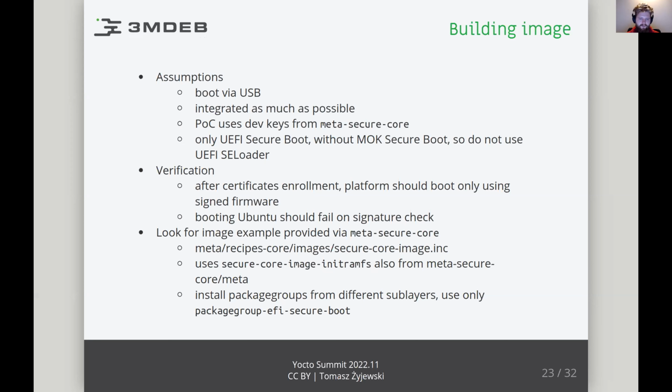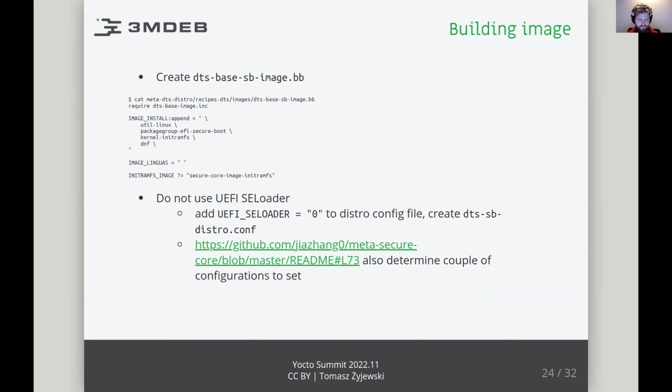Okay, so to prepare the image for UEFI Secure Boot, we'll check the example provided in the meta-secure-core repository. You can see that it uses the secure-core-image-initramfs and installs just the package group efi-secure-boot. So we just do that: create the image, which uses the initramfs, and install the package group.